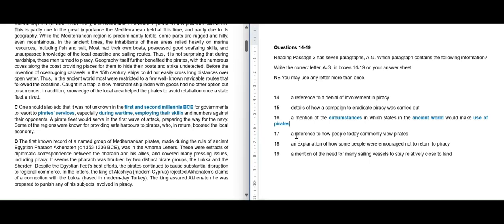You can easily find the synonyms of these words and phrases in paragraph C. First and second millennia BC, which is synonymous to ancient world, pirate services, and employing their skills is synonymous to use of pirates, and during wartime is the circumstances or the situation under which their services were used. Hence, the answer is paragraph C.